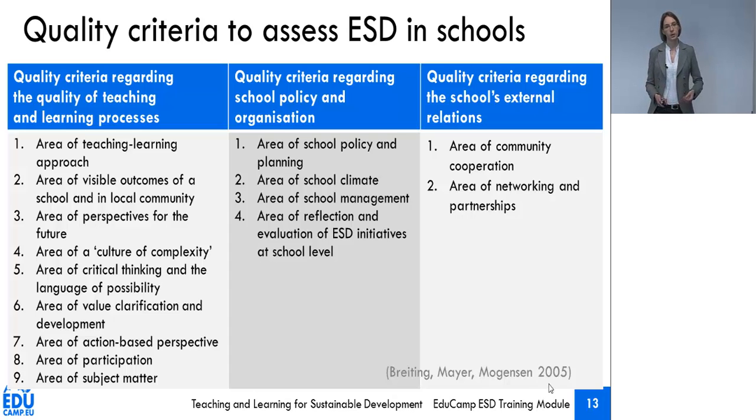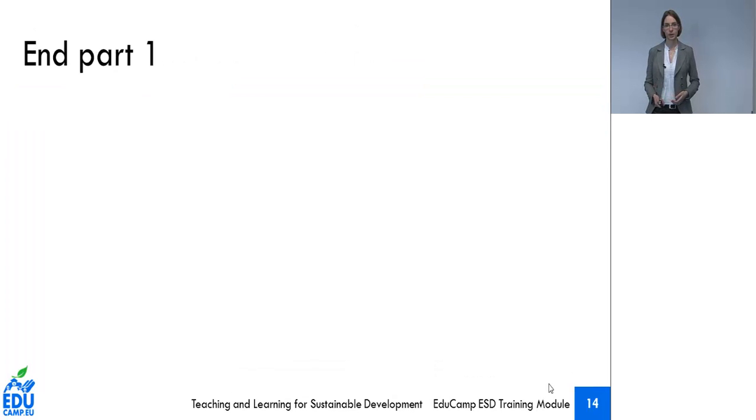And you can see here some quality criteria regarding the quality of teaching and learning process, regarding the quality in school policy and organization, and also in schools' external relations. And when you go through these questions, you can find out what your school is doing at the moment, and maybe also where are areas that should be improved.